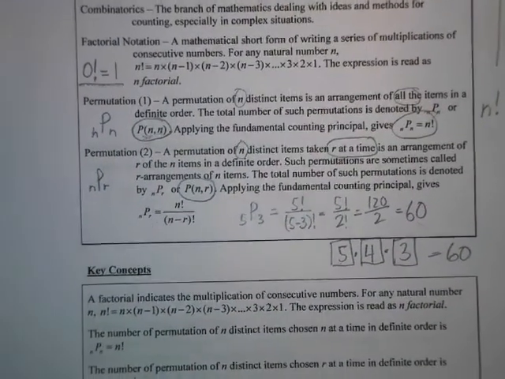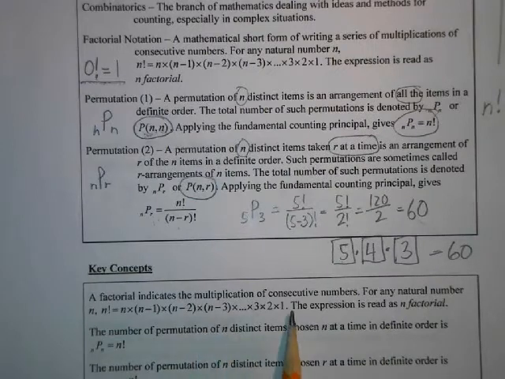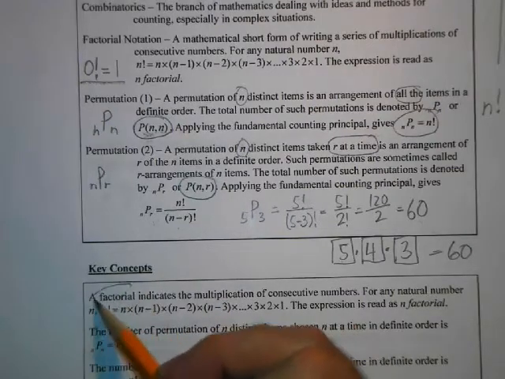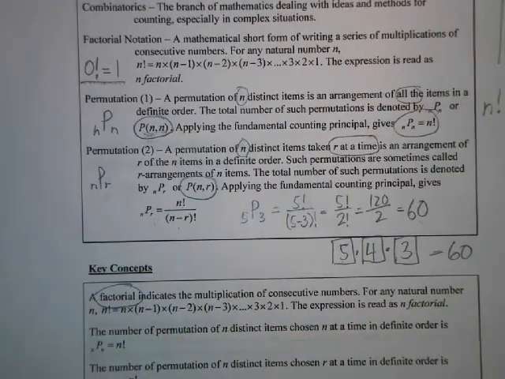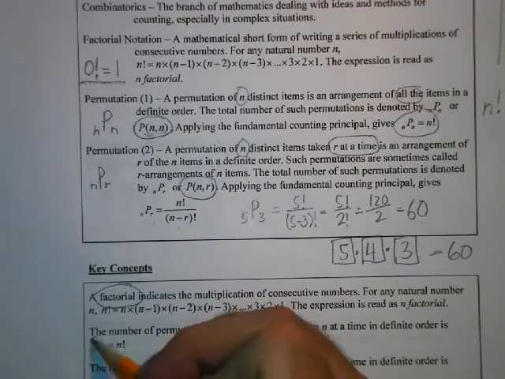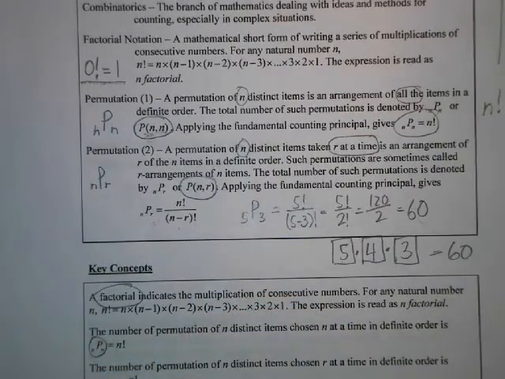If we look at the key concepts, this should be pretty familiar. I've got the definition for factorial. I've got nPn, which we don't really say that often, and nPn is always n factorial. And then there's where we pick a number less than what is available to select.